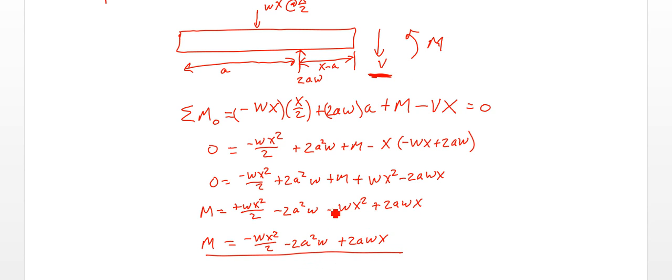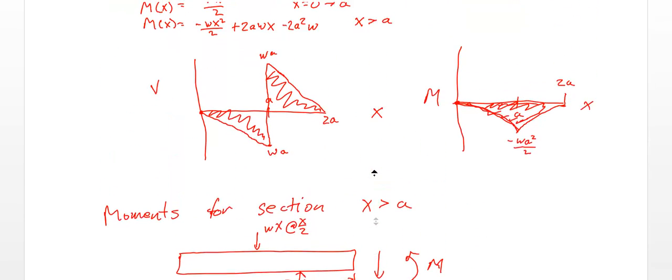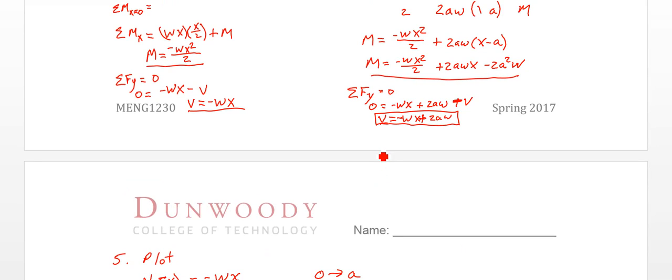If I compare this to my previous value for moment at that point, we've got negative wx squared over 2 minus 2a squared w plus 2awx. Coming back up here, I have negative wx squared over 2 plus 2awx minus 2a squared w. It's the same thing, just with the terms in a different order, and everything worked out. So that's where I made my mistake.